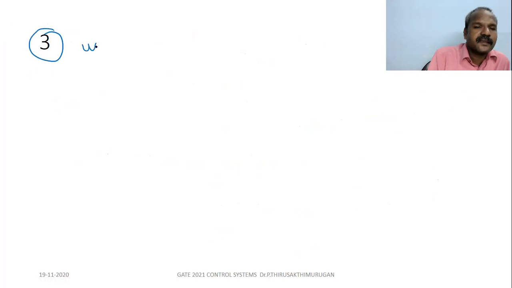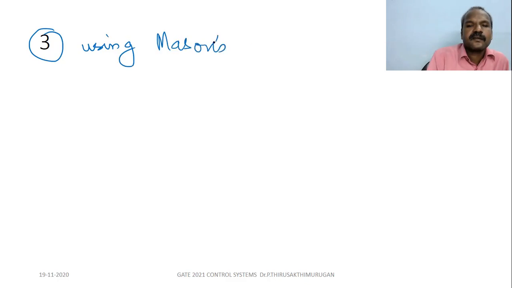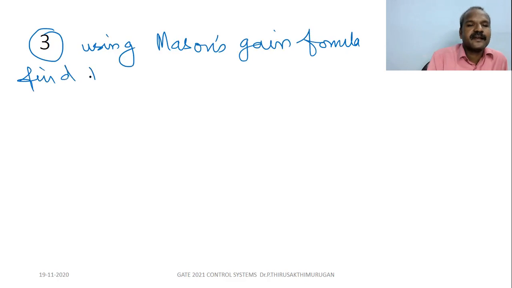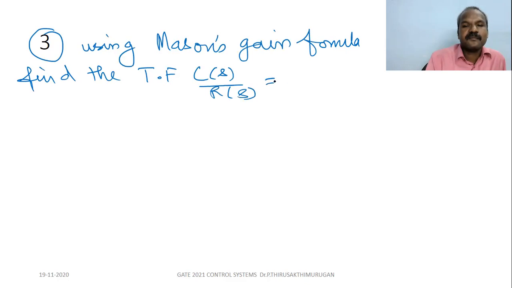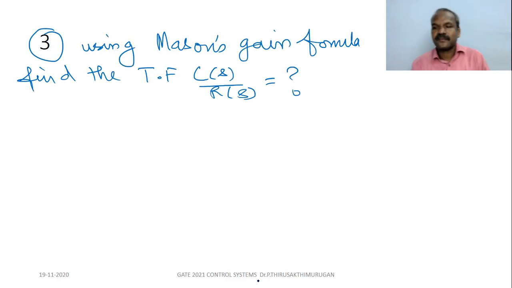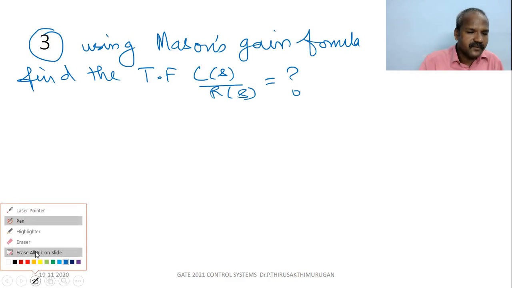The next one is, using Mason's gain formula, find the transfer function between C of S by R of S. Understand? Very simple. We have to apply Mason's gain formula for the loops, right? So let's see what happened.